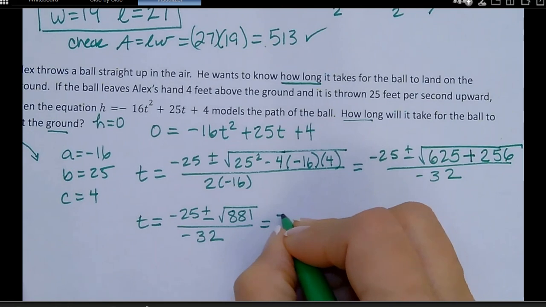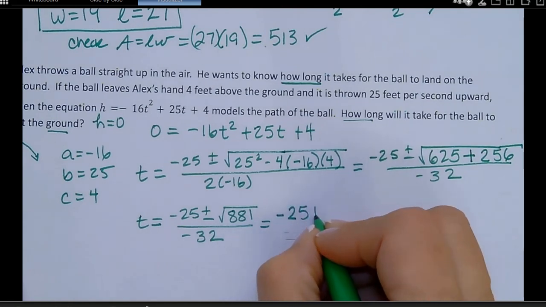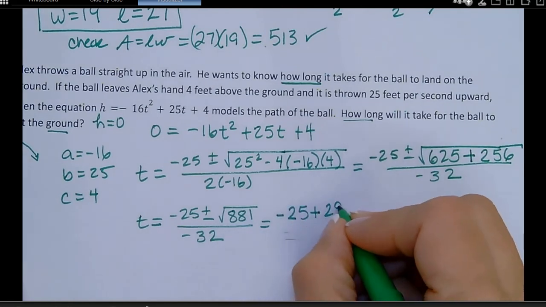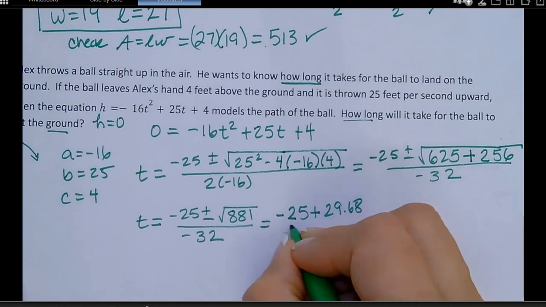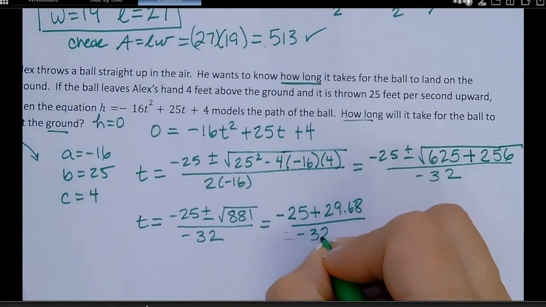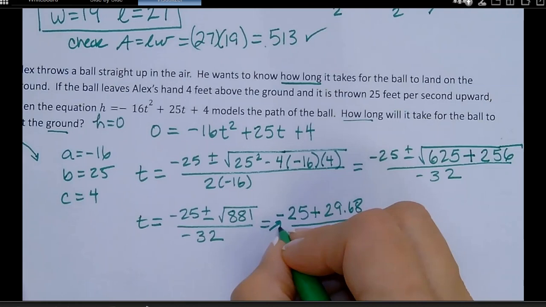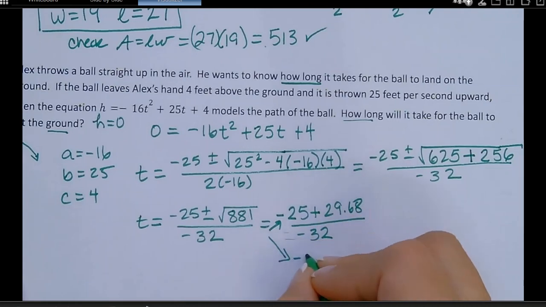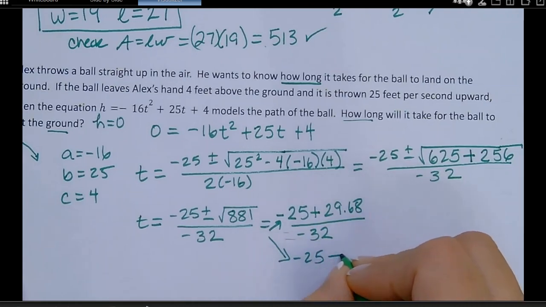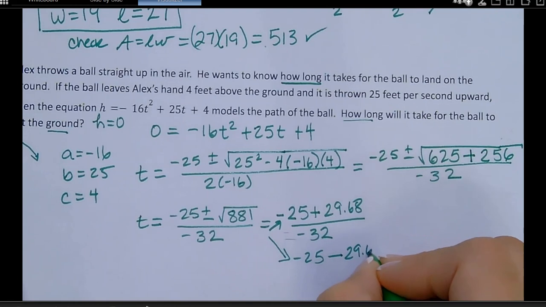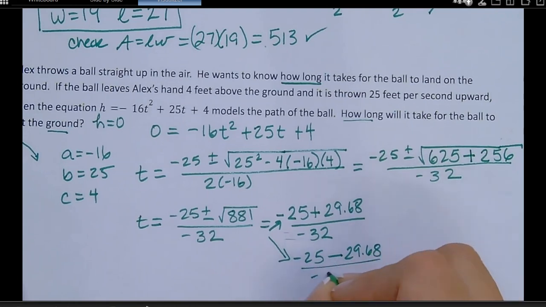So this means that I'm going to say I have negative 25 plus 29.68 all over negative 32. That's one possibility, and the other possibility is negative 25 minus 29.68 all over negative 32. Okay, once I've established both of those, I'm going to see if I can figure that out.